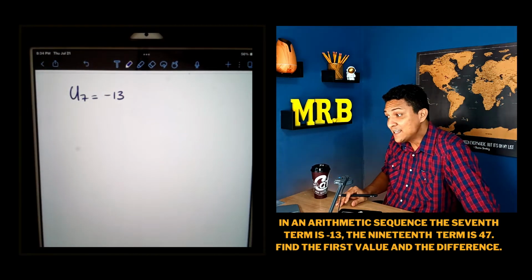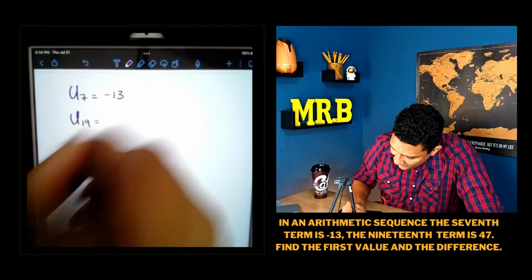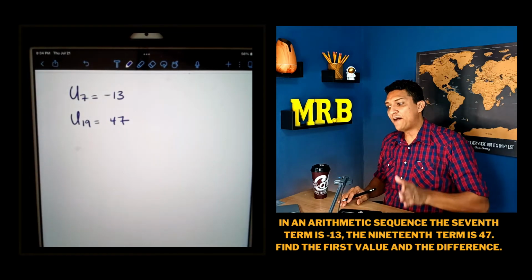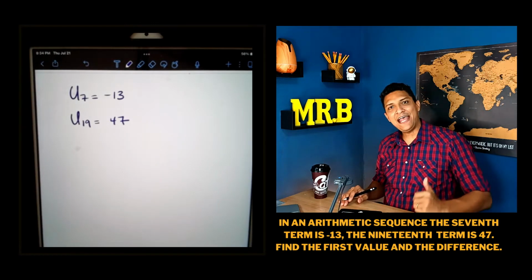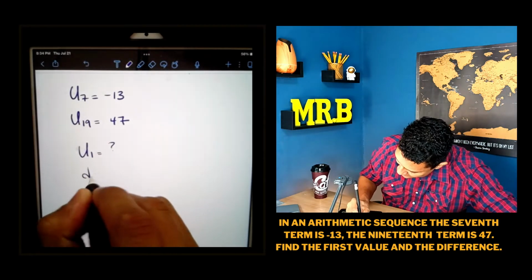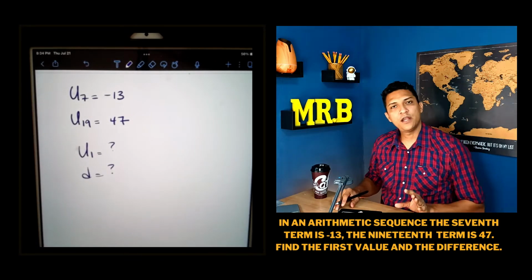The 19th term is 47, so U19 is 47. Find the first value and the difference, so U1 and d.